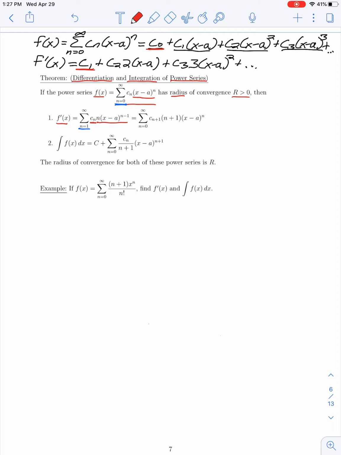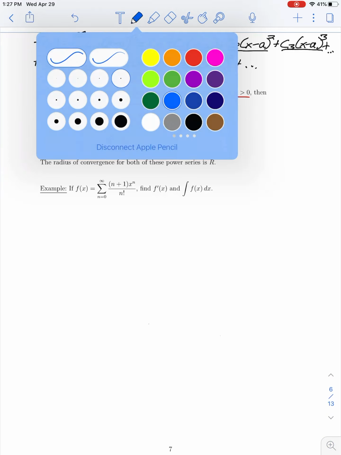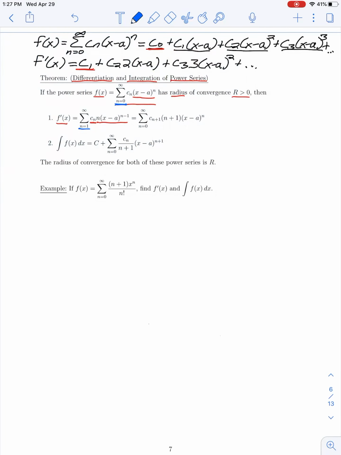Now, in some of the examples that we'll consider, along with some of your homework problems, we sometimes want to force our power series representation of the derivative to start at n equals 0 instead of n equals 1. And to do that, we can just make a change of that index variable.